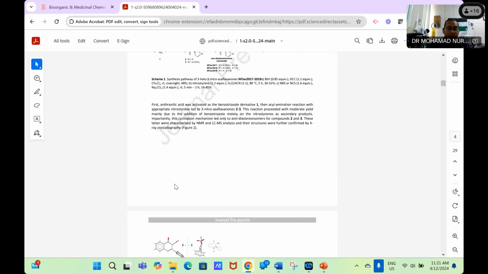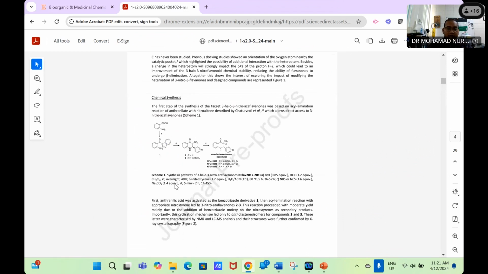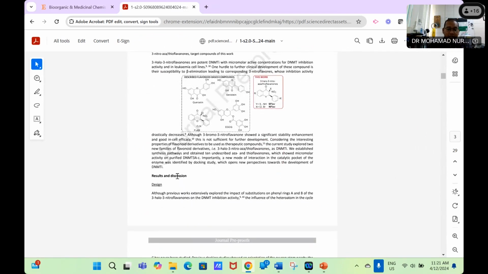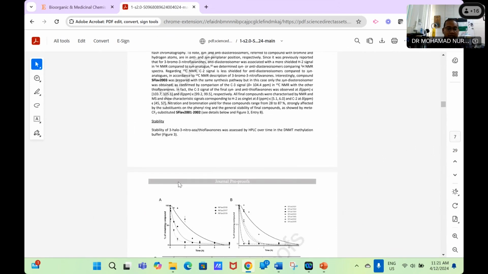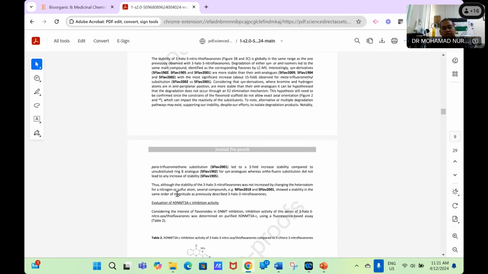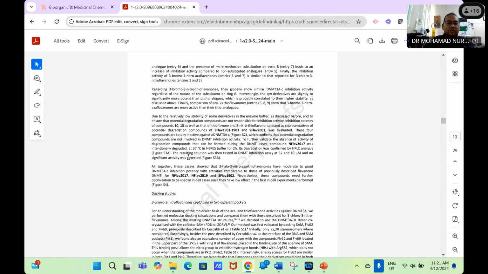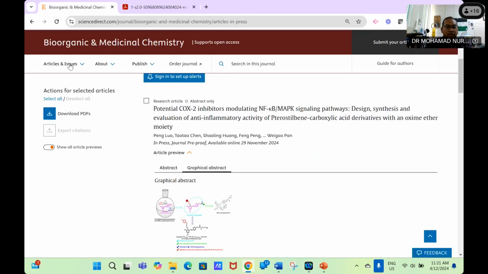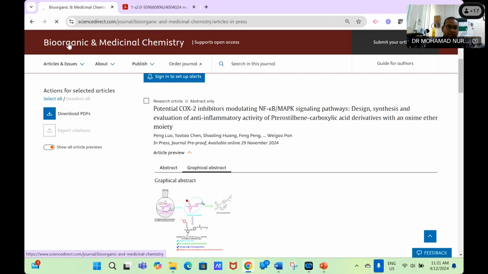Here they start with results and discussion, and in the end they have the methodology, but sometimes there is no methodology because it is transferred to the supporting information. So it's easy for you. Just go to the article issues. For example, I do it again.